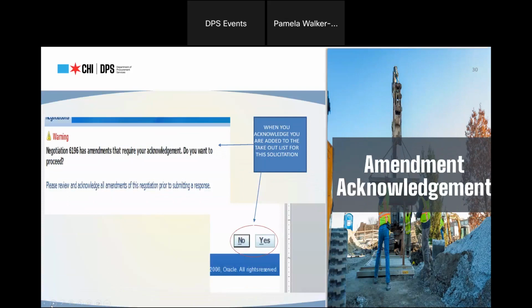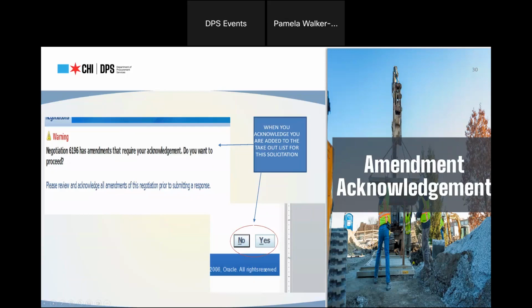When there is an amendment and your status reads requires resubmission, when you click on that solicitation number, it's asking you right here to acknowledge the amendment that is there now. It says negotiation 6196 has amendments that require your acknowledgement. Do you want to proceed? Yes, you do.